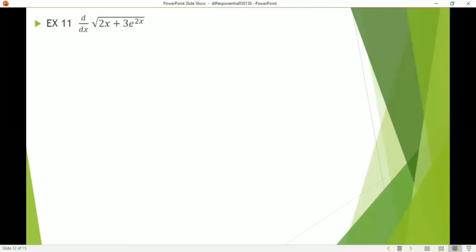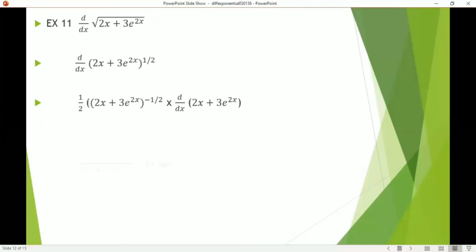So here we have to differentiate square root of 2x plus 3 e to the power of 2x. Rearranging the terms, it's 2x plus 3 e to the power of 2x, all to the power of half. How to differentiate? Bring the half down, subtract 1 from the power, that is half minus 1 is minus half, and then differentiate the function, that is differentiate 2x plus 3 e to the power of 2x.